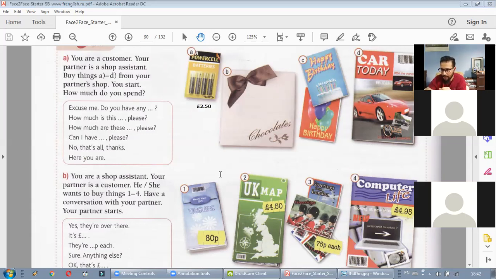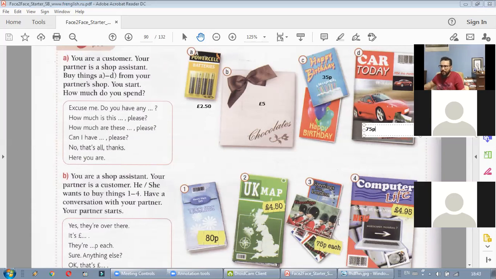As for the chocolates, the chocolates are £5. Let's make them £5. The birthday card is maybe cheaper. Let's make the birthday card 35p. And then we have the car magazine. The magazine is not very expensive. The magazine is just 75p.